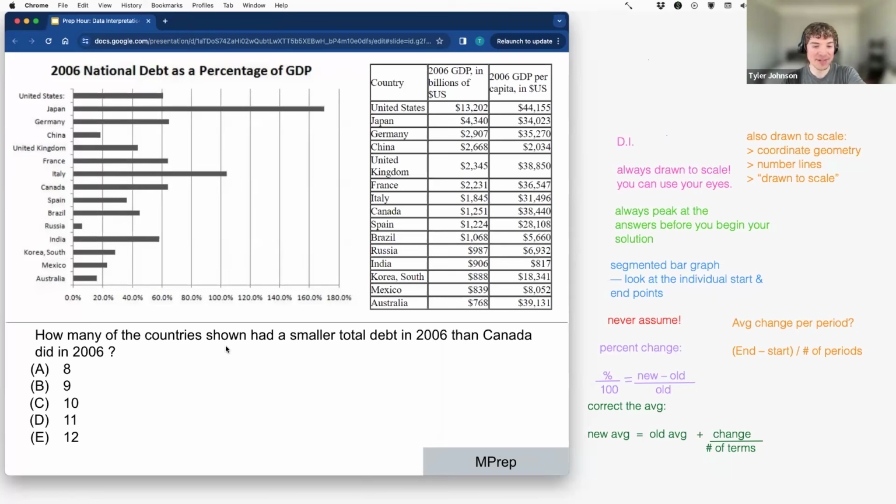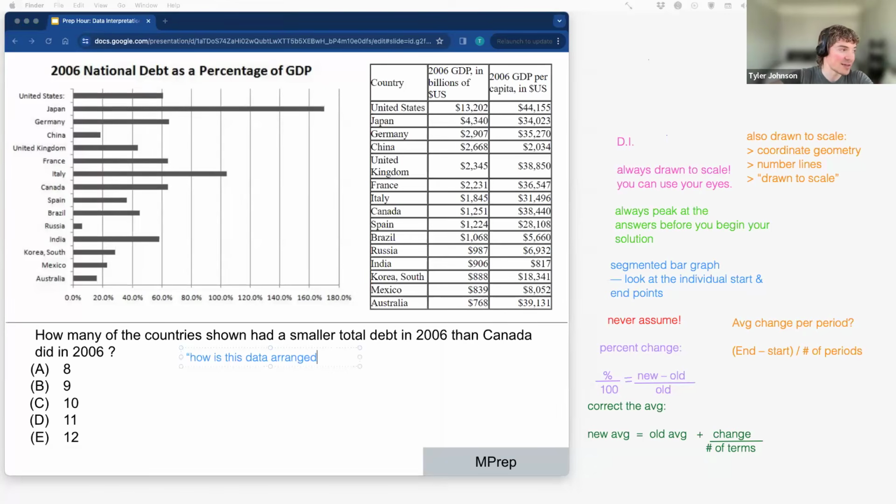Okay, so as mentioned, this one is very difficult. And to get the ball rolling here, I'll ask you to consider the following question. How is this data arranged? Because US, Japan, Germany, China, UK, it's not alphabetical.